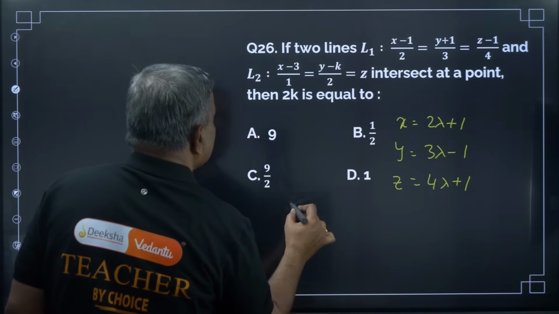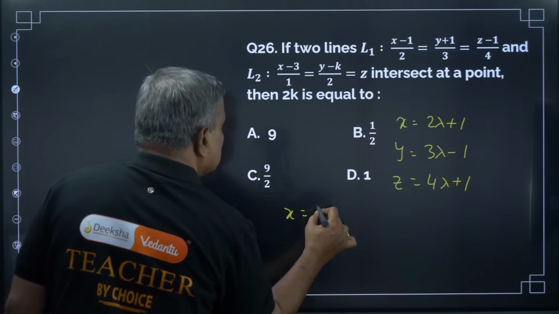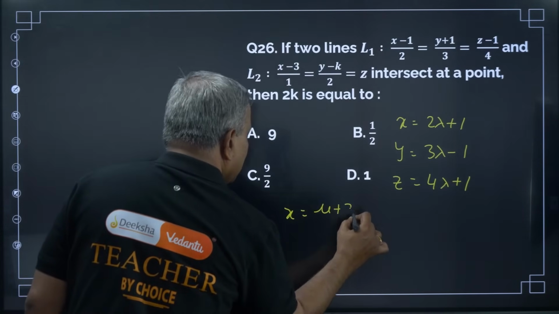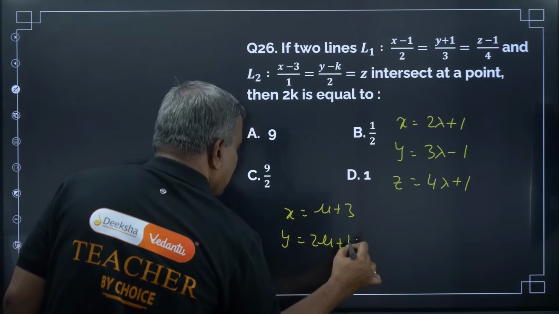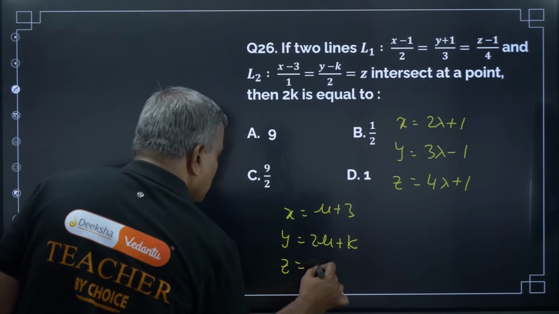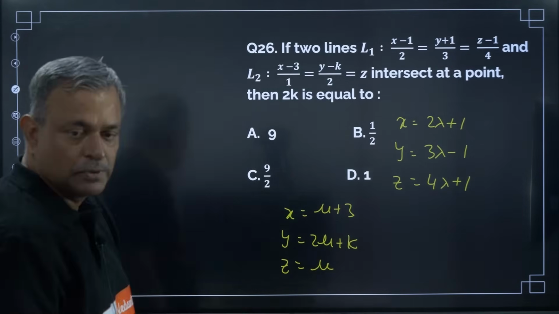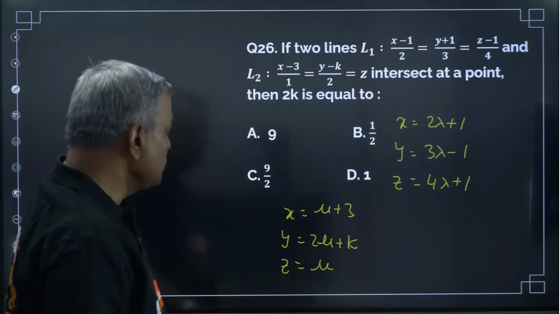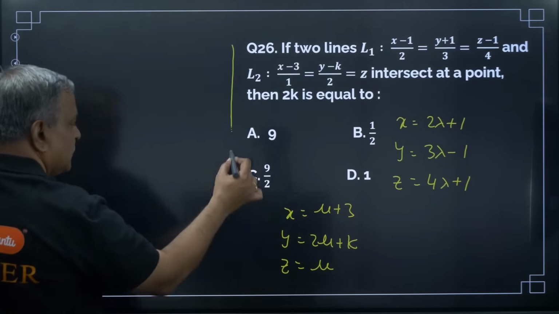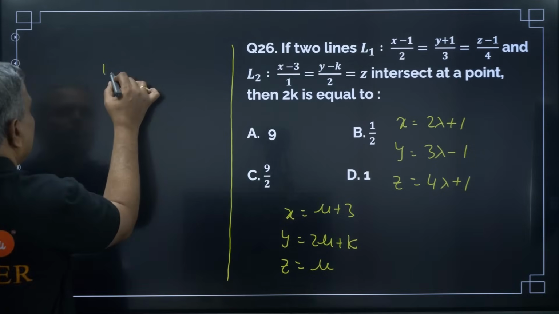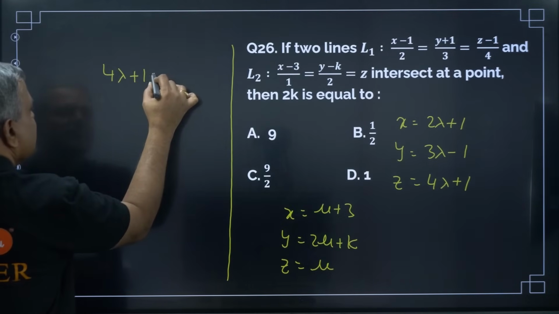Again here we get x is equal to mu plus 3 and y is equal to 2 mu plus k and z is equal to mu. So what we have to do is we equate z. So when we equate z, what we get? 4 lambda plus 1 is equal to mu.